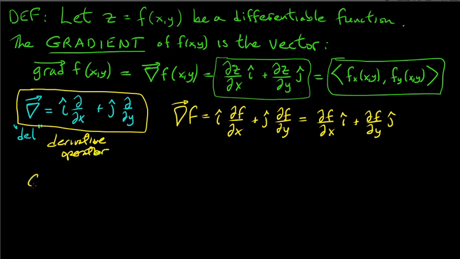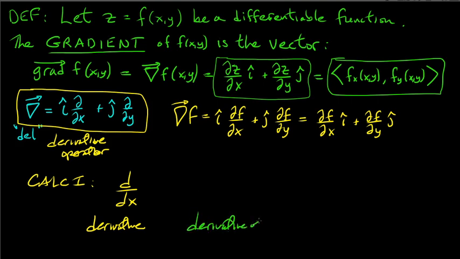Back in Calc 1, you wrote this symbol to represent the derivative with respect to x. But the derivative of what? We don't know yet. It's just the derivative. So if you want to write, let's say, the derivative of a function g of x, then you would write the derivative of g of x.